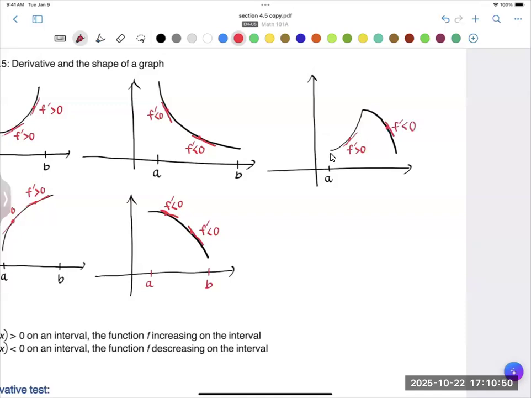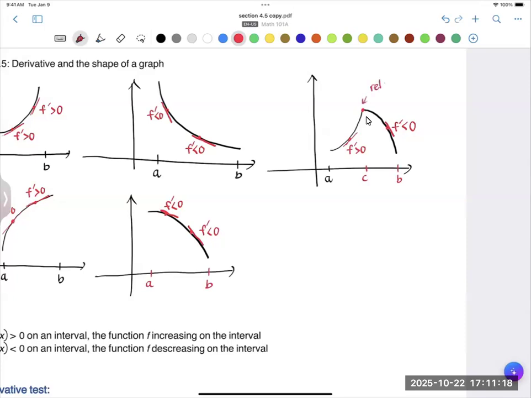If the slope, or the derivative, is changing sign, I will have a point called a relative maximum. This point is called a critical point, because a relative maximum occurs at a critical point. So this critical point is a relative max.